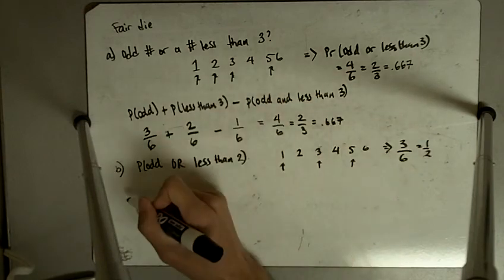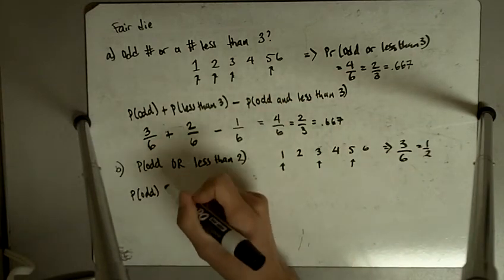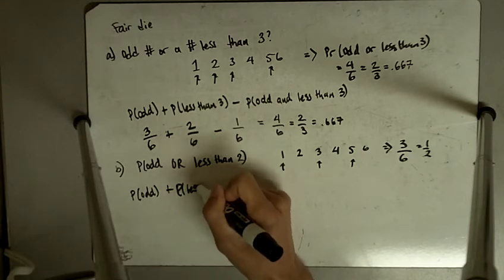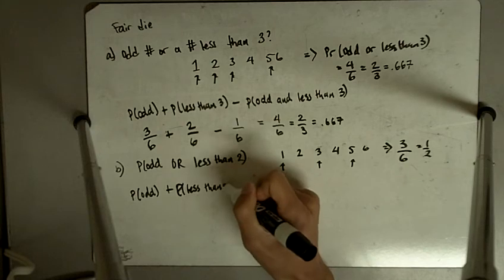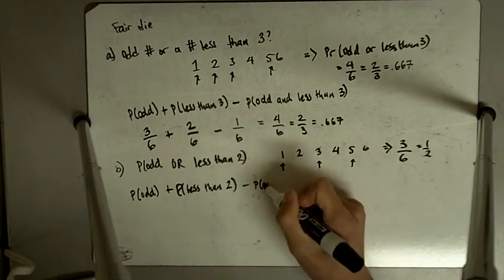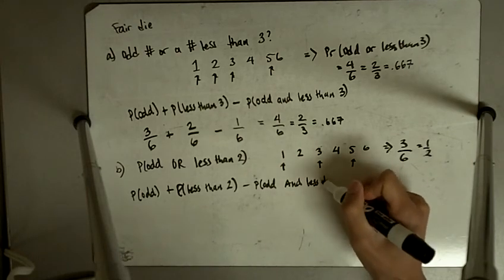Again, we can use this breakdown. So that would be the probability of being odd plus the probability of being less than 2 minus any overlap. So the probability of being odd and less than 2.